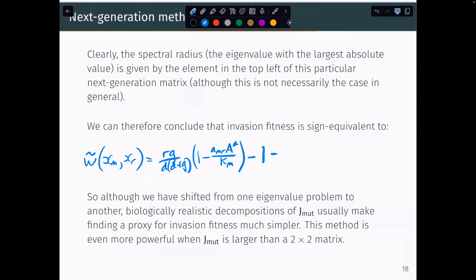So we can write this, for example, for our model as just some constant C. If we expand out our competition coefficient a_MR and our carrying capacity K_M, we did this previously in an example, so I won't go through all the algebra here. We just multiply out all these exponentials, and we end up, in this case, with e to the x_R minus x_M plus x_M squared times a star.